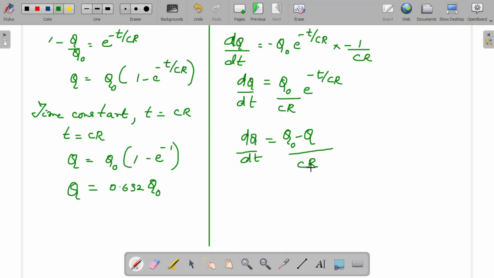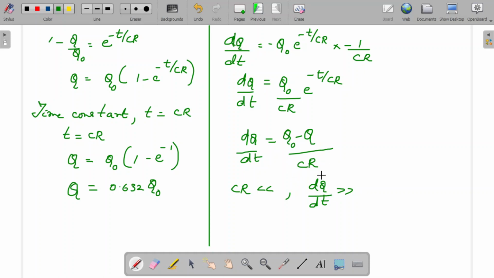Thus, it is seen that for a smaller value of CR, what happens? If the value of CR is small, that is, the denominator is small, so the term is going to be high. So I can say that dq by dt is large, right? That means the charge grows more rapidly on the capacitor. dq by dt being high means the rate of change of charge is high, so the current will grow rapidly on the capacitor.